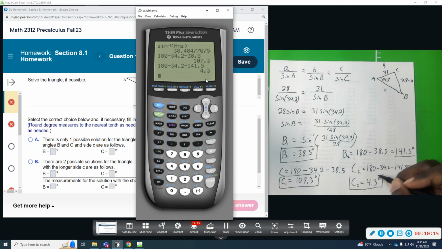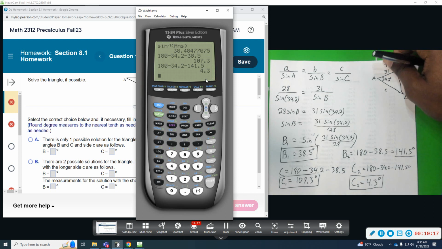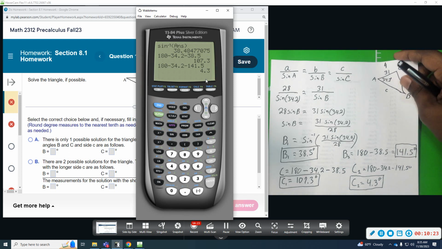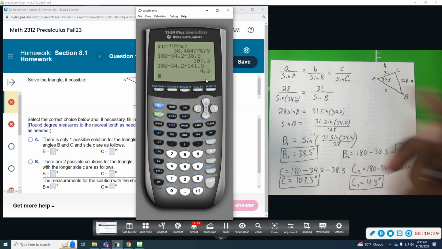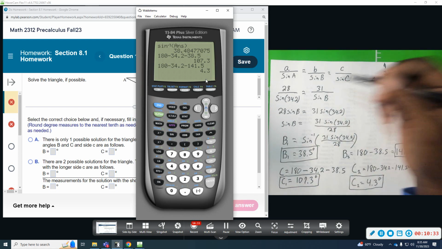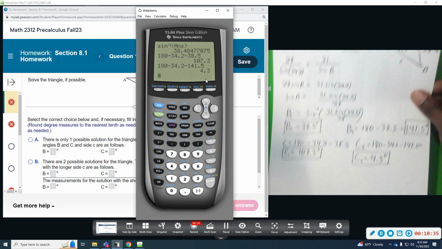Okay, so we have all of our angles found. Now I just need to find side C for both cases. So I'm going to go ahead and use the given information, so side A and angle A, and then I'll find side C with both of those.